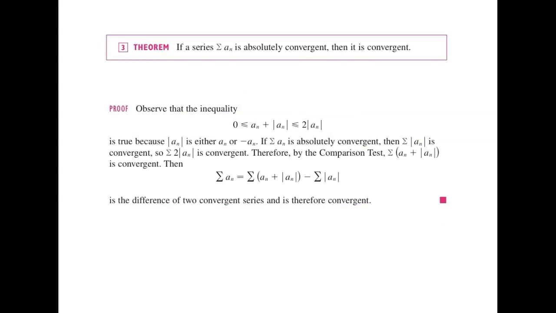Meaning if its absolute value converges, then the original series must converge as well. I'll walk you through the logic of this proof. I just want to give you a chance to write down the actual theorem.